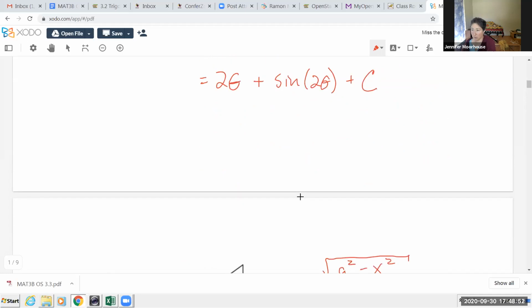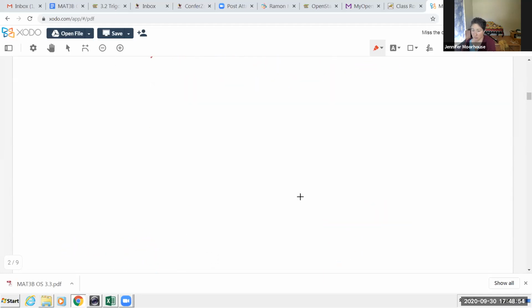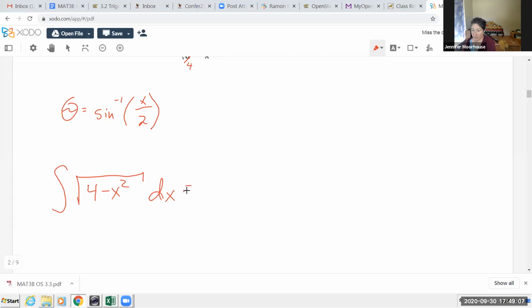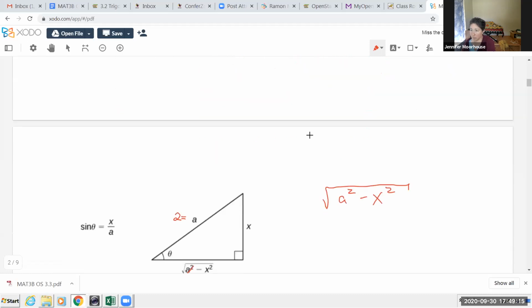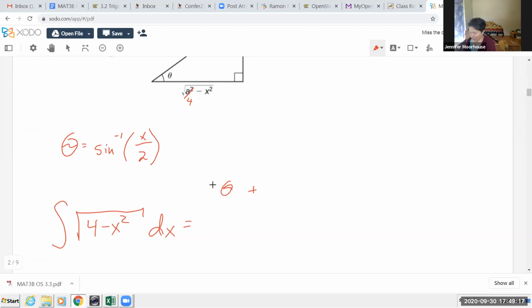So our answer, let's see, I guess we can write it down here. So our integral of the square root of 4 minus x squared dx then is, we said it was 4 theta, no, 2 theta plus sine of 2 theta.